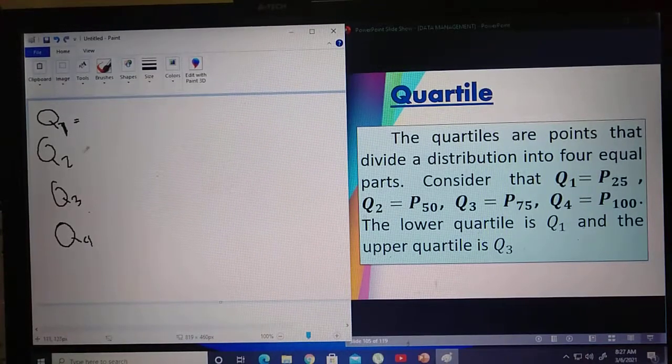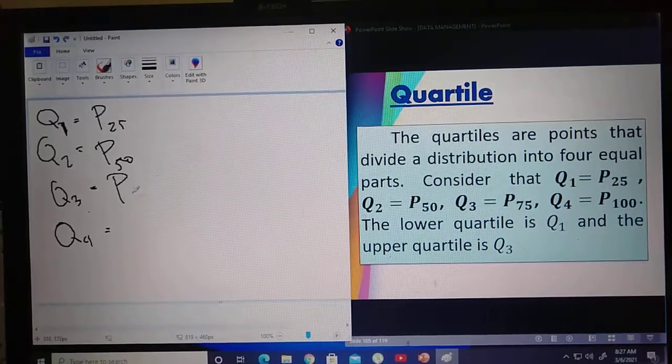So kunin natin yung equivalence nila sa percentile, and Q1 is equivalent to P25. Our Q2 is equivalent to P50. Q3 is P75 and Q4 is P100. Okay, so pwede natin gamitin yung formula ng percentile sa quartile.